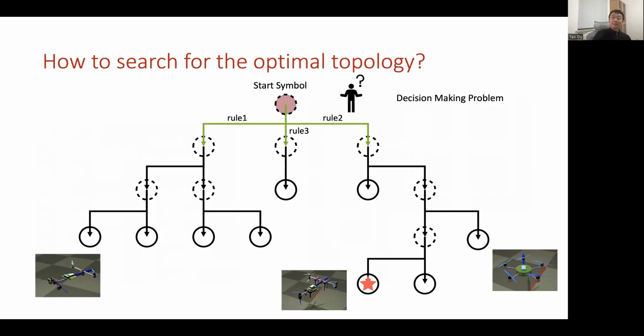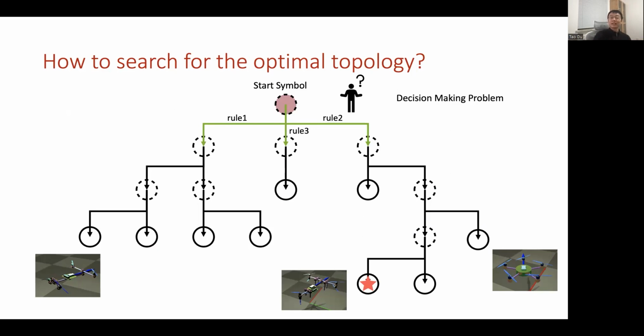So with that in mind, the next technical difficulty becomes how we're going to search for the optimal topology. So in this particular setup, we have now encoded every single topology with a sequence of rules, starting from a shared root, the start symbol in the grammar.